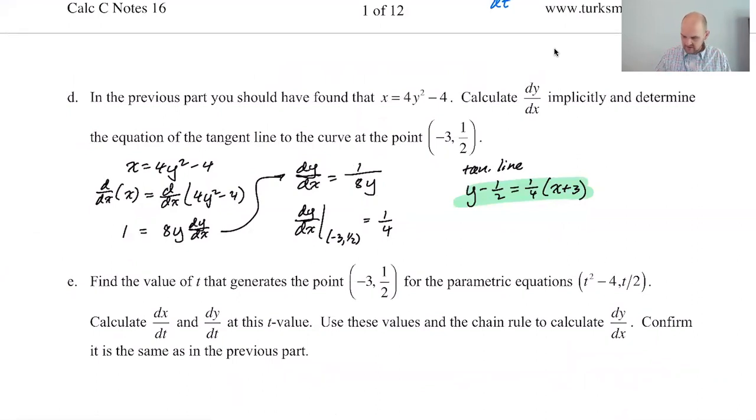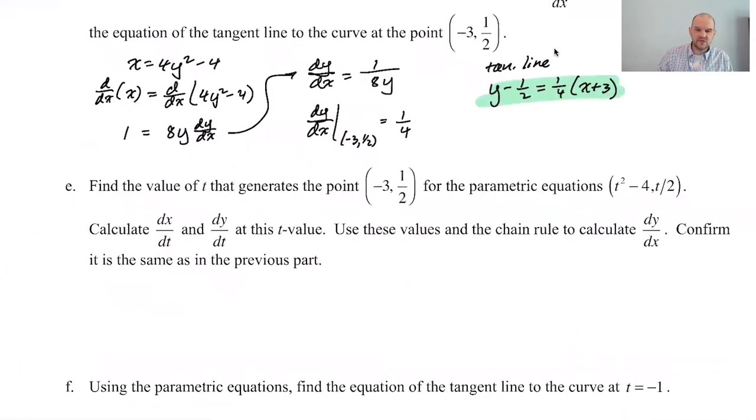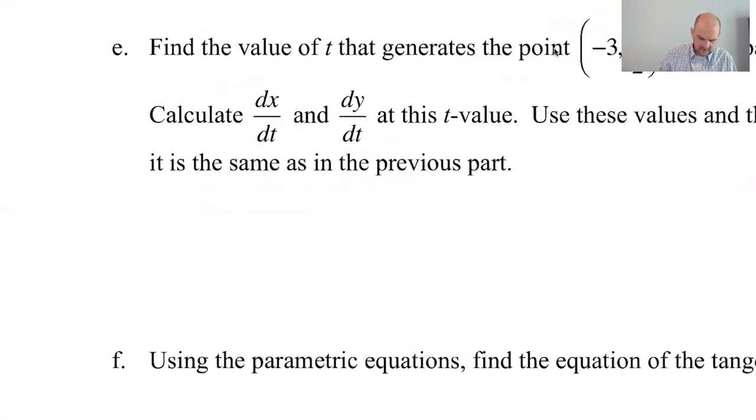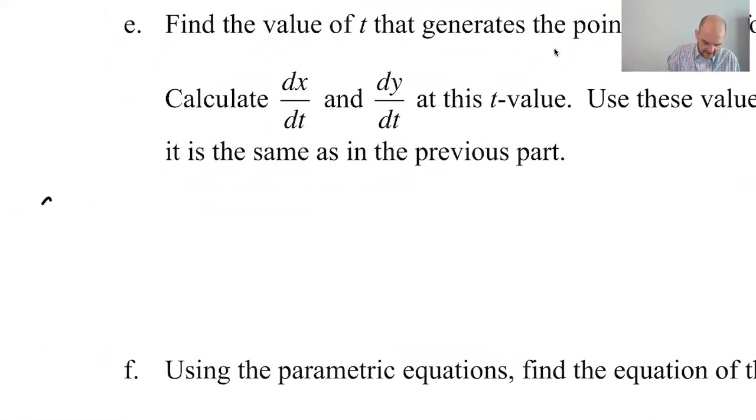Now let's see if we can do it a slightly different way. We're essentially going to use the chain rule. If I want dy/dx, and y is really a function of t, it would be dy/dt times dt/dx.